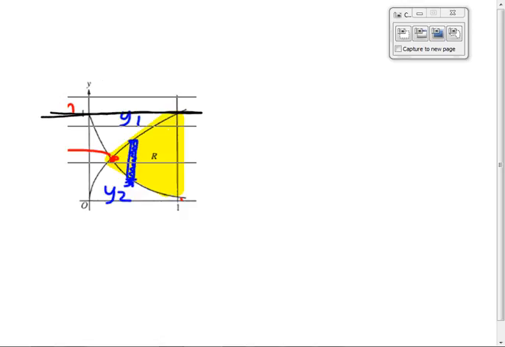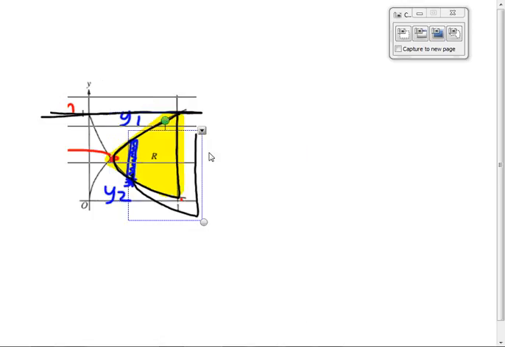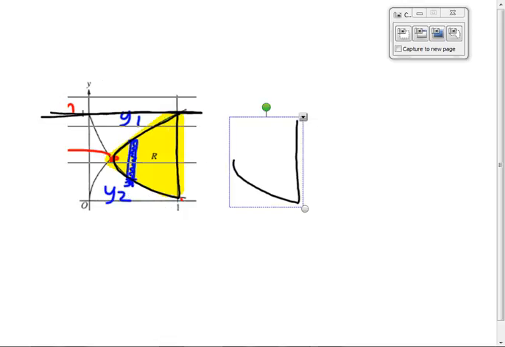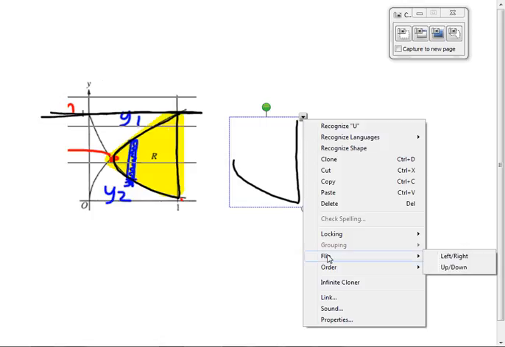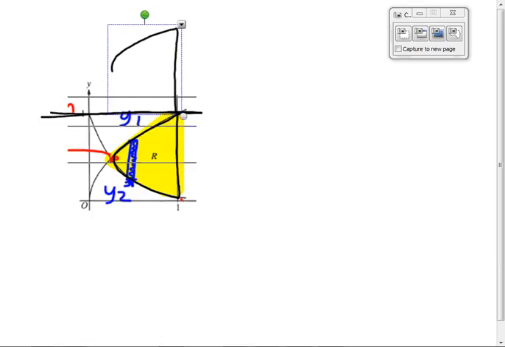So I'm going to try and trace this. Have you drawn it yet? It didn't connect? Oh, that's okay. I can make it work. Like a curve there. Okay.